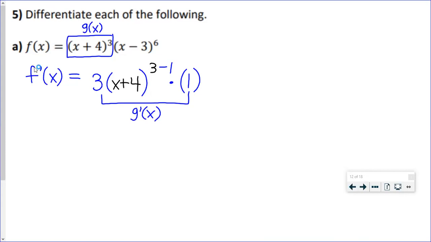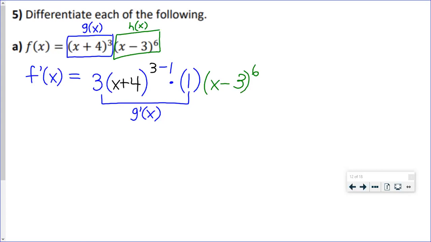So if my second function is x minus 3 to the power of 6, I'm going to call this my h of x, then I have to multiply all of this times h of x, x minus 3 to the power of 6. That's the first part of the product rule.